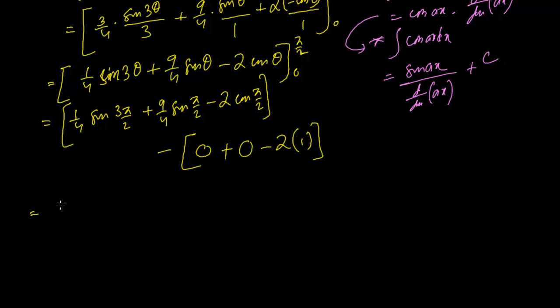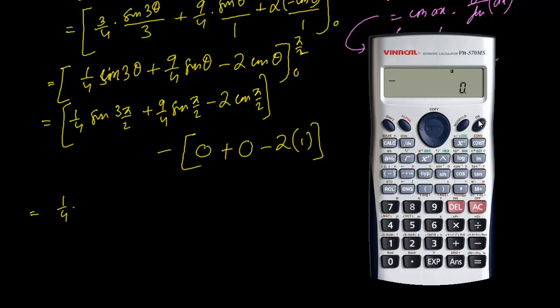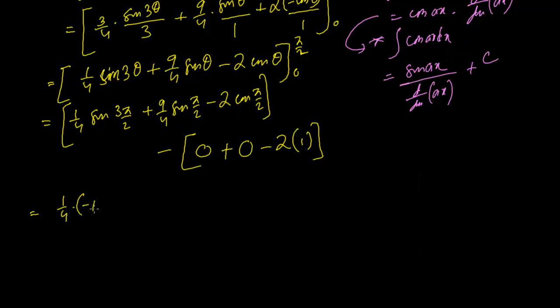Okay. So now 1 by 4, now sin 3 pi by 2. Let me bring on the calculator. So this is in the radian mode, so I can write sine 3 pi by 2 turns out to be minus 1. So this is minus 1 plus 9 by 4.